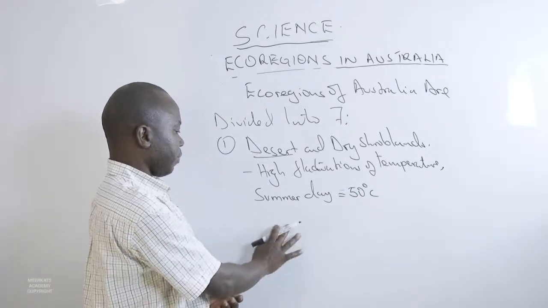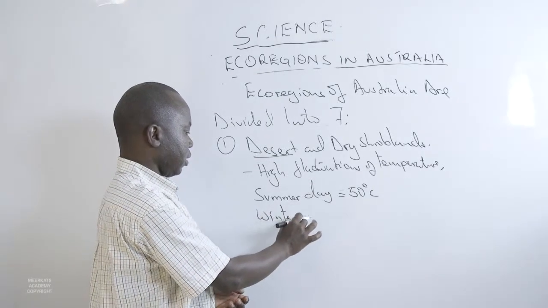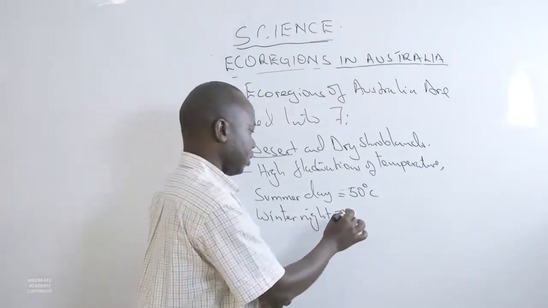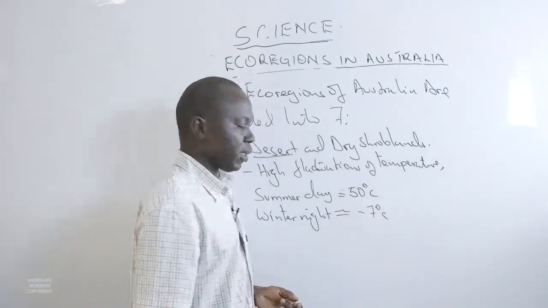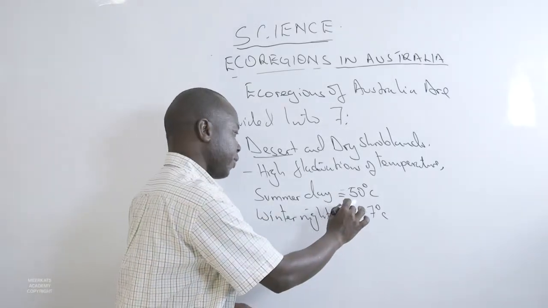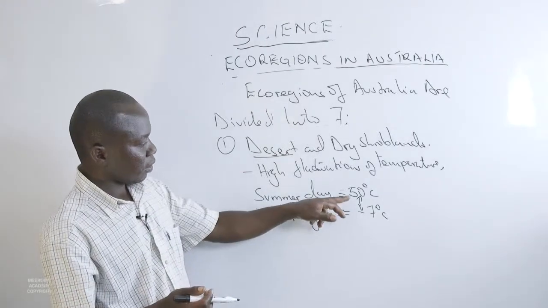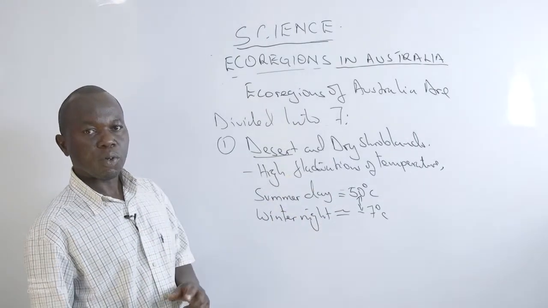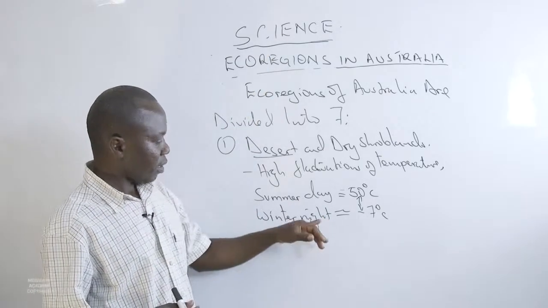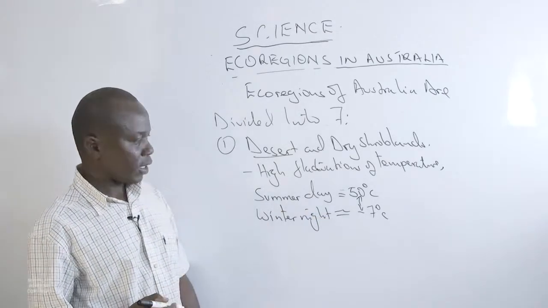And then on a winter night, reaching approximately -7 degrees Celsius. If you look at the fluctuation here, the range is so wide, such that a day of summer is very high, and a night during winter season is very low, -7.